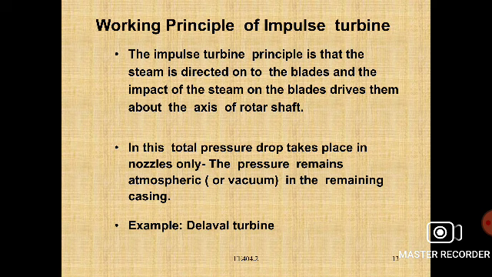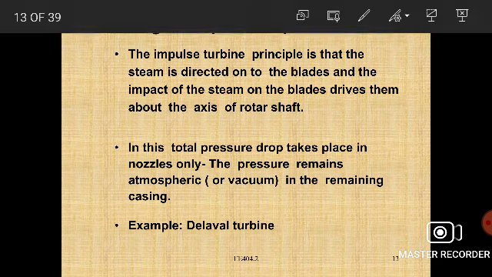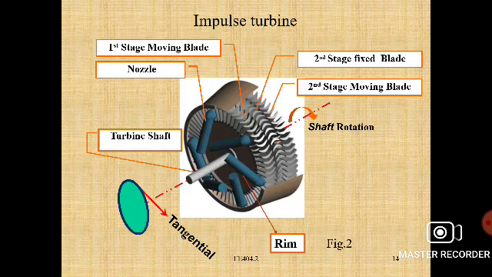Second, in an impulse turbine the total pressure drop takes place in the nozzle only. The pressure remains atmospheric in the remaining casing. The De Laval turbine.